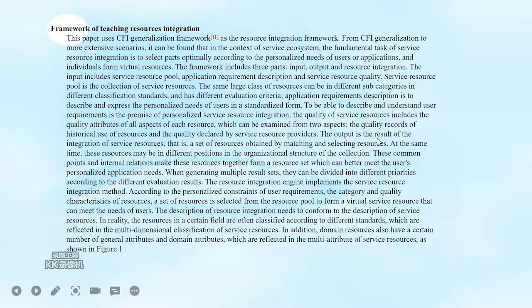The output is the result of the integration of service resources, that is, a set of resources obtained by matching and selecting resources. At the same time, these resources may be in different positions in the organizational structure of the collection.